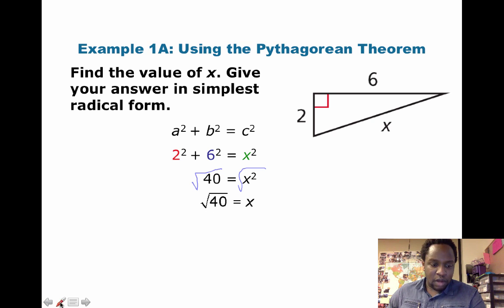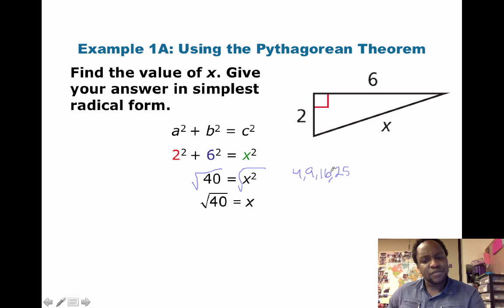So let's bust out our perfect squares, which are 4, 9, 16. I don't have to go any further because the next one, 25, is greater than half of 40. So obviously none of those are going to go into it.